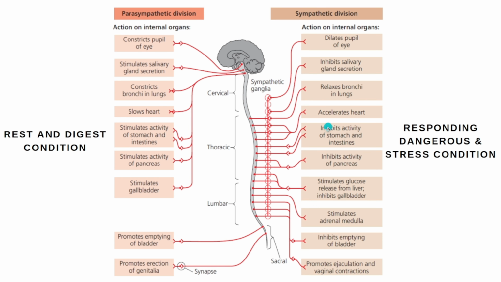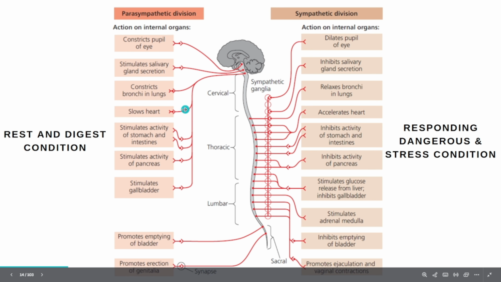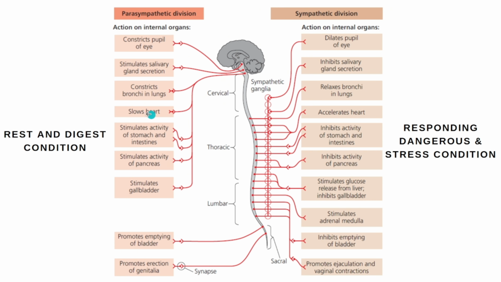So you can see here, you see this kind of diagram. For example, the heart. For parasympathetic, it slows the heartbeat rate. Your cardiac muscle contraction will be reduced. But for sympathetic, it will increase your heartbeat rate. Why? Because it is responding to danger. When you are in a highly panic, very stressful condition, your heartbeat is very fast, right?